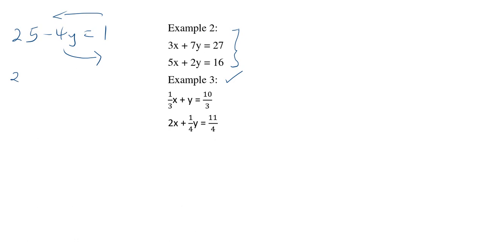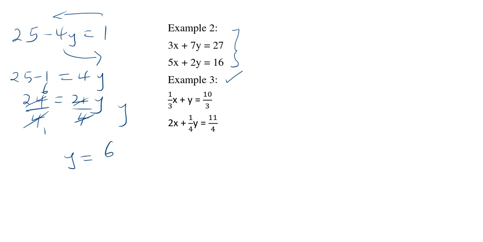We have 25 minus 1 is equals to 4y. This gives us 24 is equals to 4y. We divide both sides by 4. 24 by 4 is 6, and here we remain with y. So our y is 6.